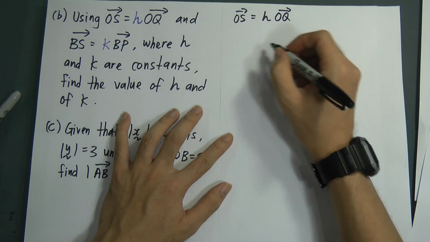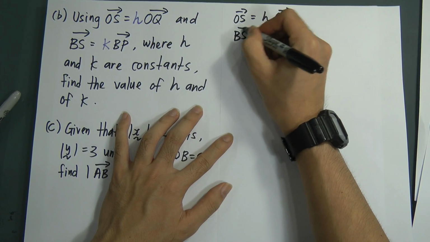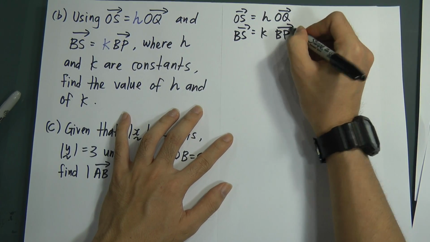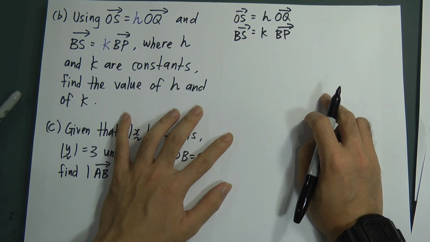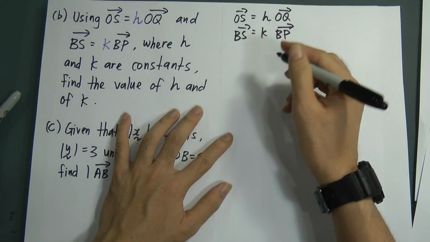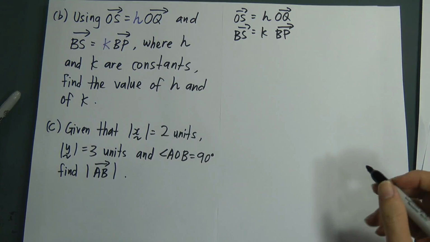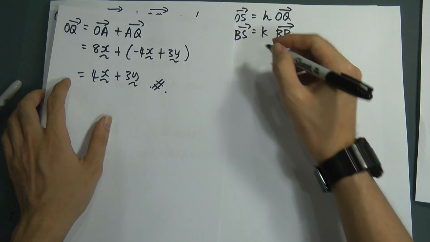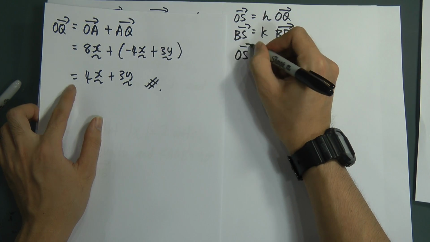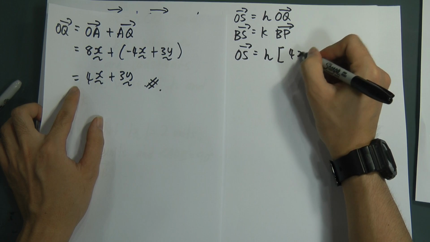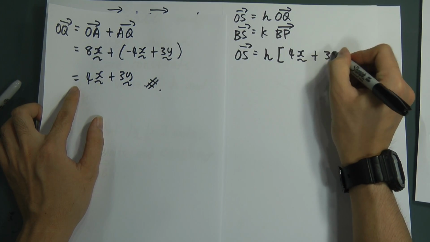Okay, so BS will equal to KBP. For these two first, I'm going to do OS equal to HOQ. We just got the OQ one. This is OQ, so I'm going to put in OS equal to HOQ. We got OQ already, it is 4x plus 3y.